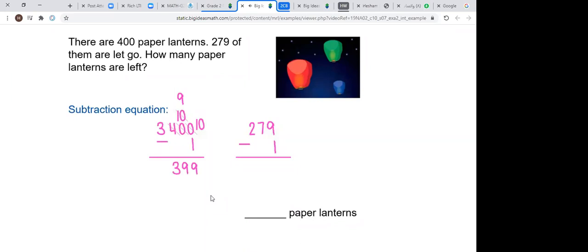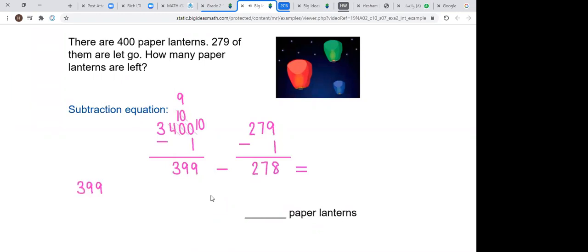Now subtract 1 from 279. 9 ones minus 1 1 equals 8 ones. 7 tens minus 0 tens equals 7 tens. 2 hundreds minus 0 hundreds equals 2 hundreds. So 279 minus 1 equals 278. Subtract 278 from 399. 399 minus 278 equals what number?